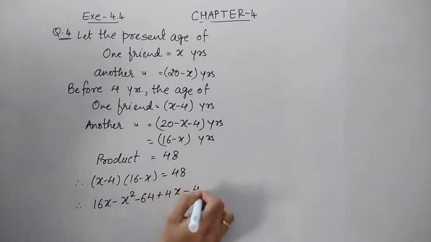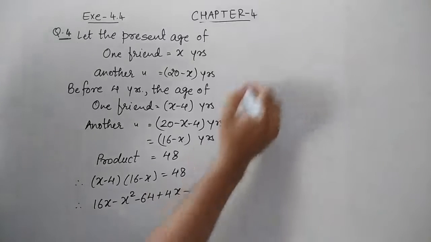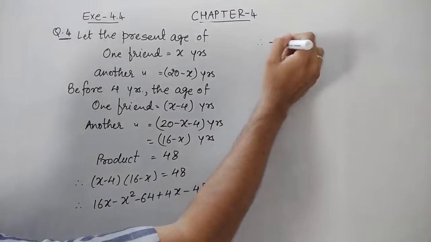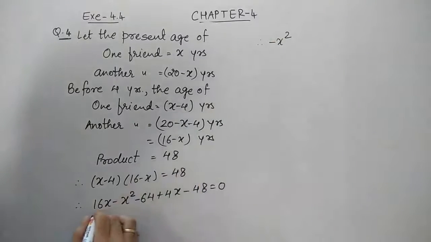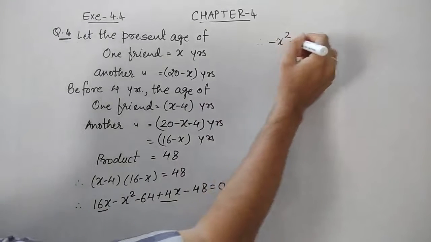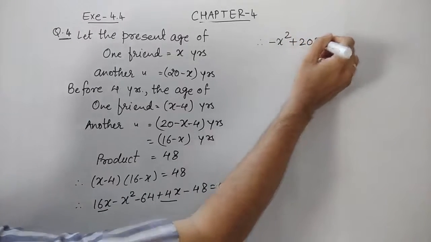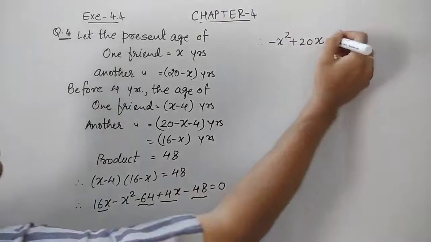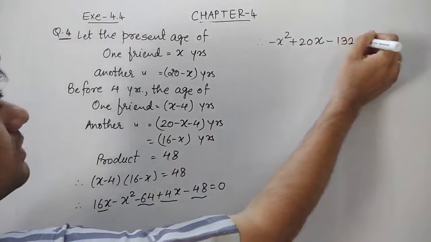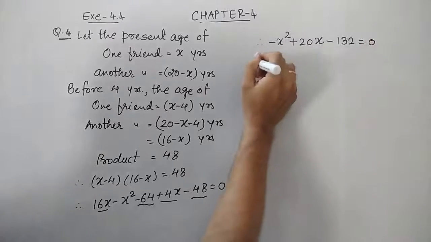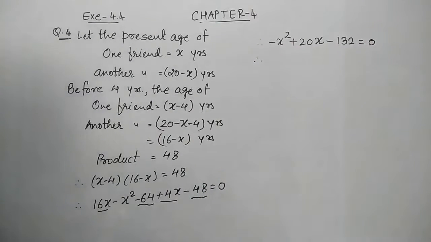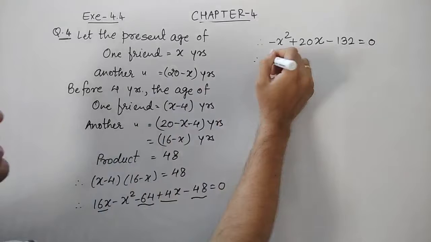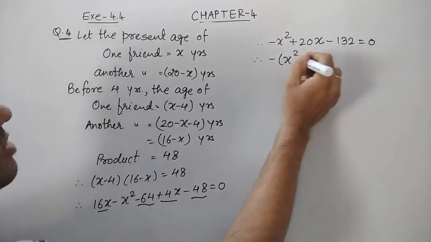Let me take 48 to the left hand side. Now the equation would be minus x square. There are two like terms of x, both of the same sign, so we add them: 20x. Then minus 64 minus 48, so minus 112. As we discussed earlier, the coefficient of x square we never require negative, so we'll take the minus sign common.